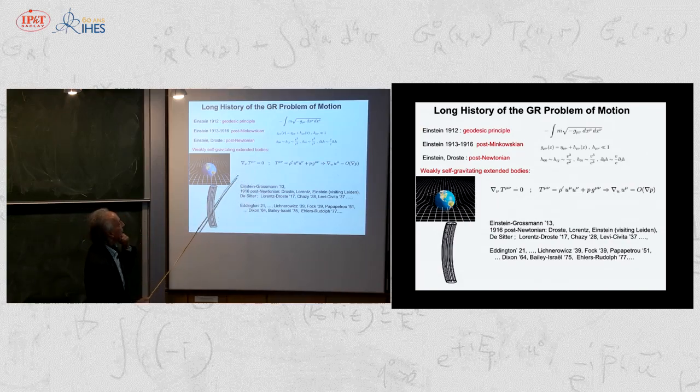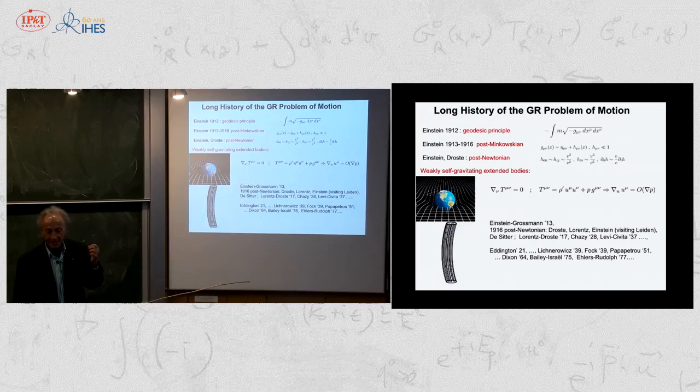This was used initially to solve the Einstein equation, and now to solve the motion of weakly self-gravitating extended bodies like the planets. Initially people asked how to explain, in general relativity, the motion of the Earth and all the planets in the solar system. This was done by using this perturbation theory, and then writing that the stress energy tensor of the matter is conserved.